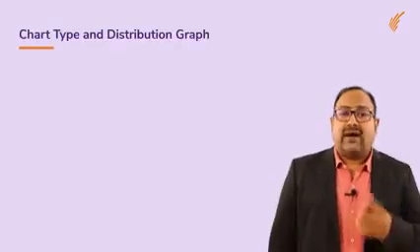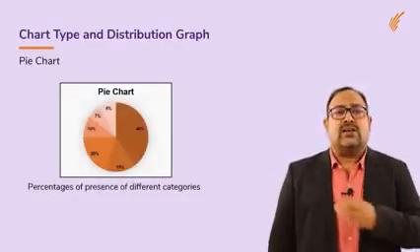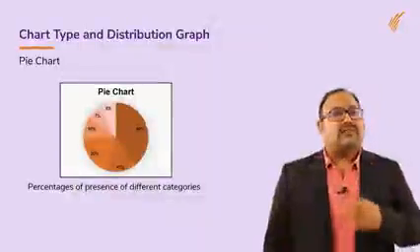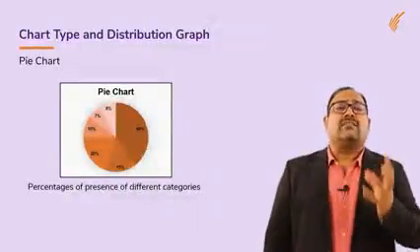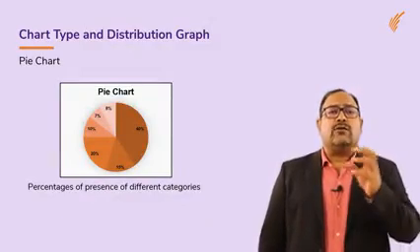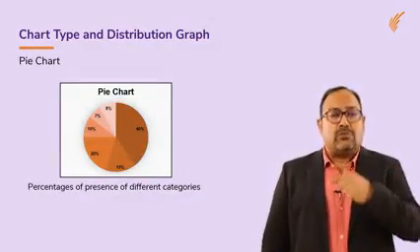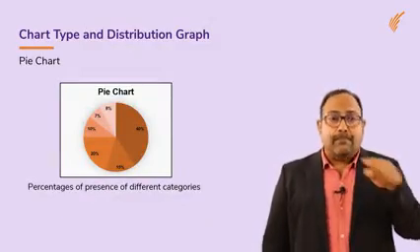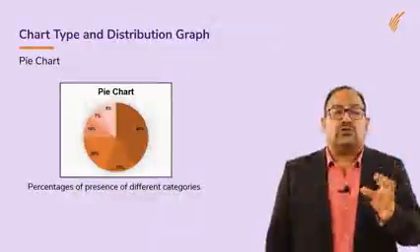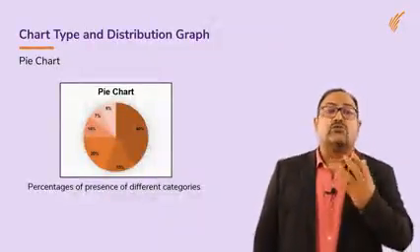Besides the different visualizations that I talked about, which include histogram and bar chart, there are other ways of also looking at data. One can be a pie chart, where the percentages of the different categories are presented. For example, if I look at a participant profile coming from India, Europe, US, what percentage of participants have come from the different zones can be put in a pie chart, and that looks better.